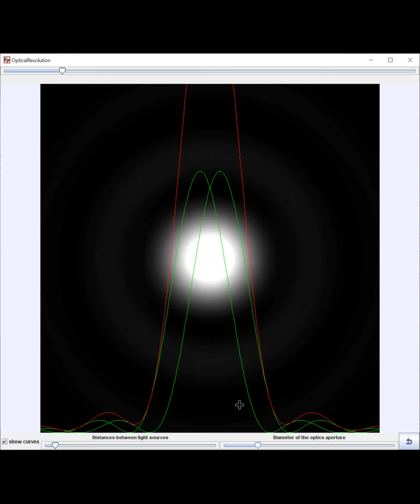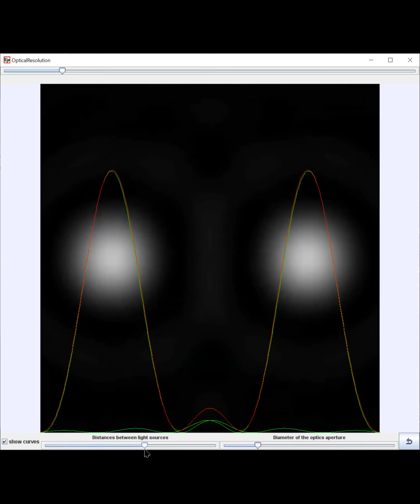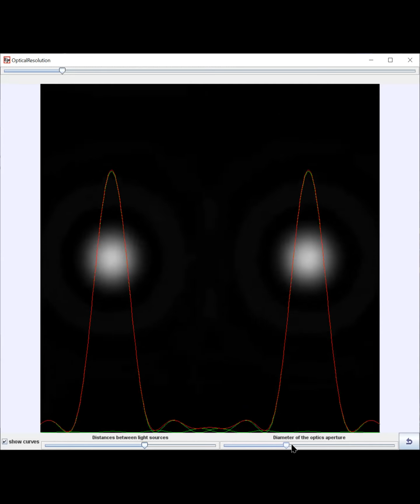But keep in mind that if I increase the distance between these things again and just show the light curves as well, each of these objects individually will produce a pattern of diffraction.